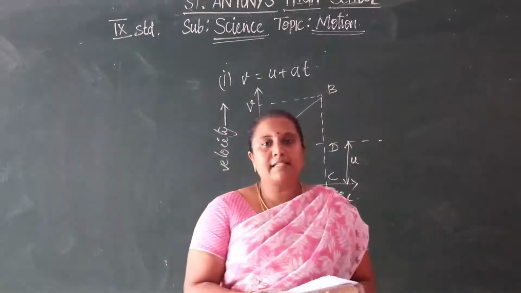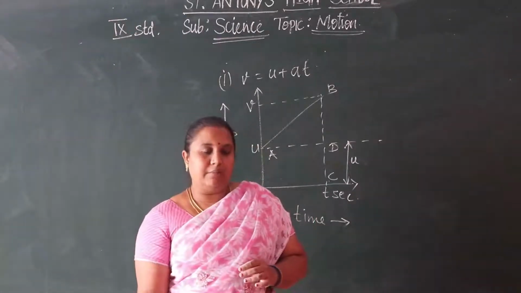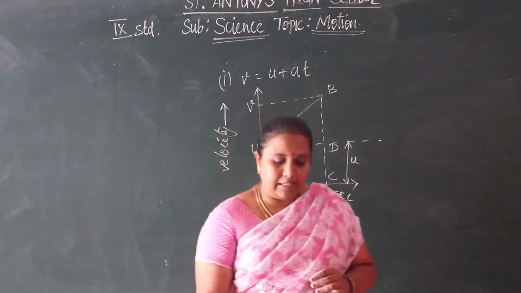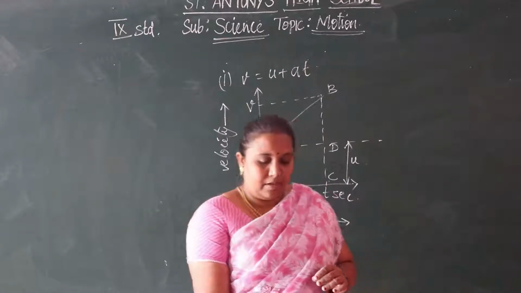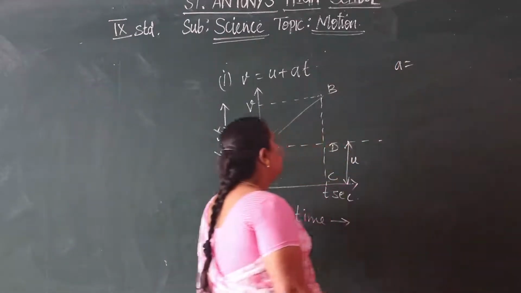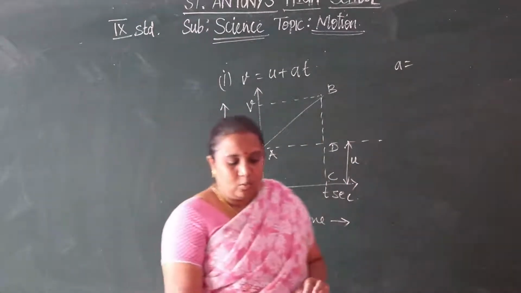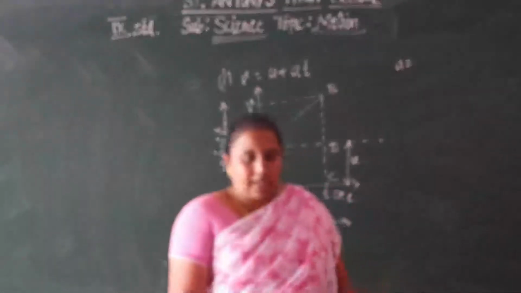See, we have acceleration equals change in velocity by change in time. So from that, A equals change in velocity by change in time. What is the velocity here? That is OB minus OA.